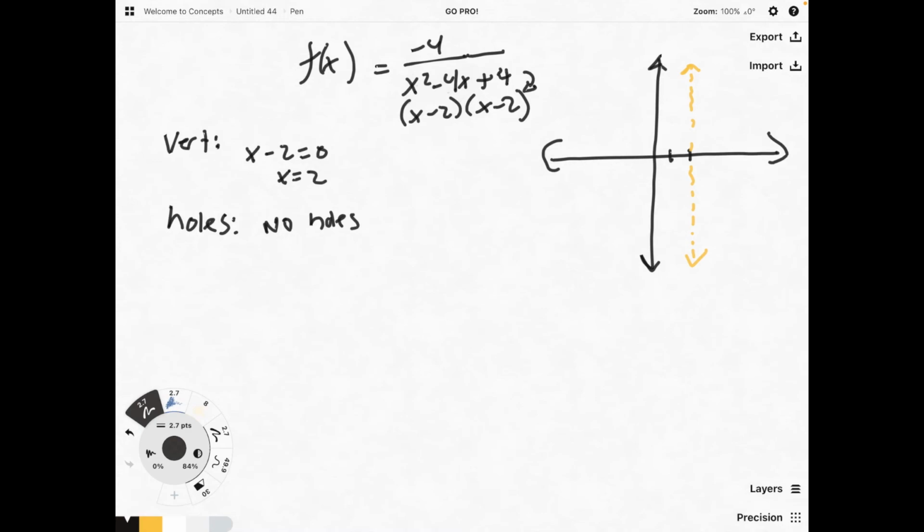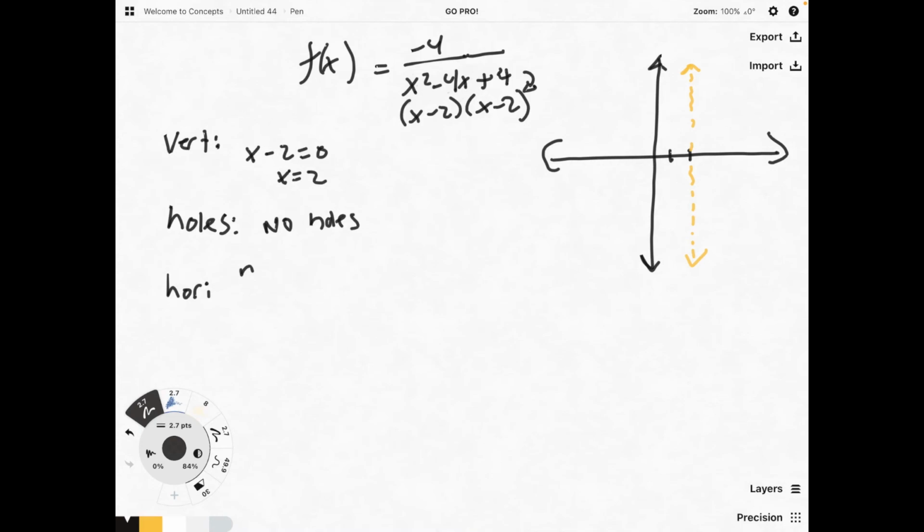Again, if we had an x minus 2 in the numerator and we were able to cancel out one of the x minus 2 factors, we would have a hole in this graph. However, because we do not have any common factors in the numerator and denominator, we are left with no holes within the graph.